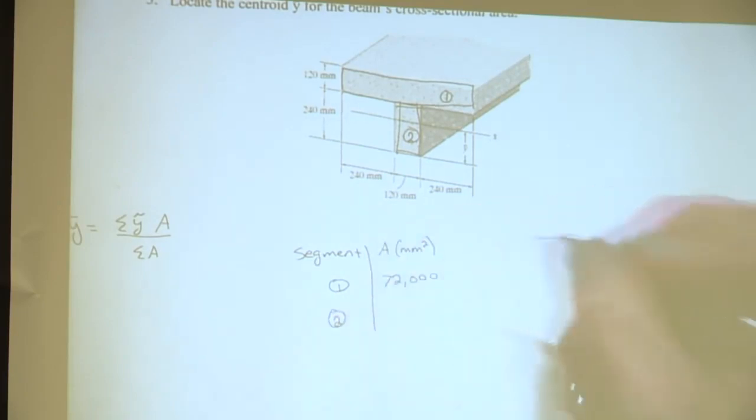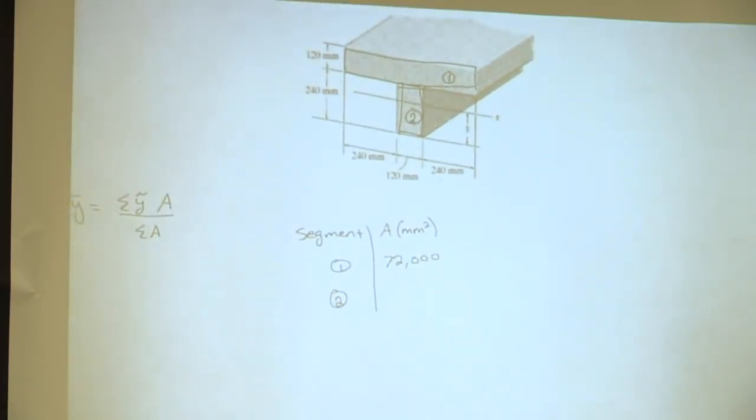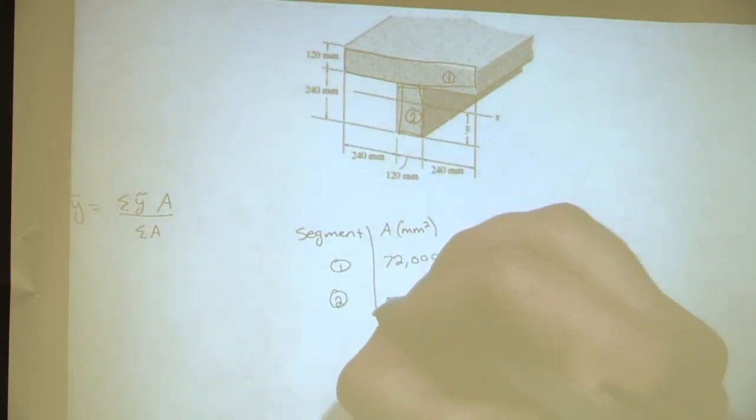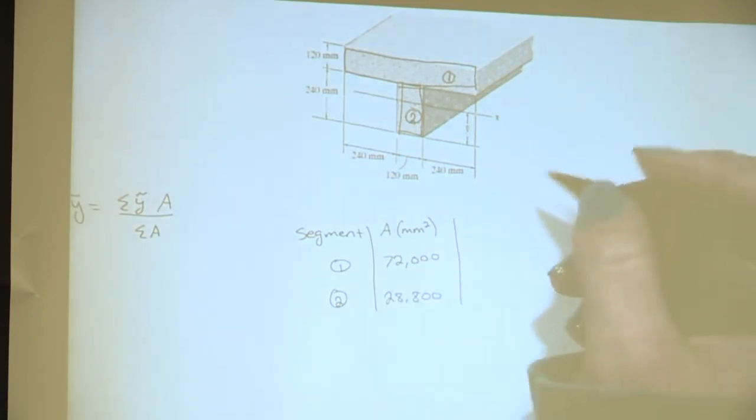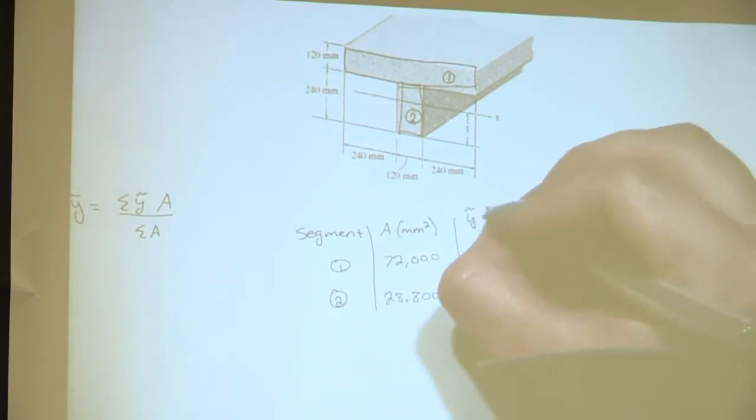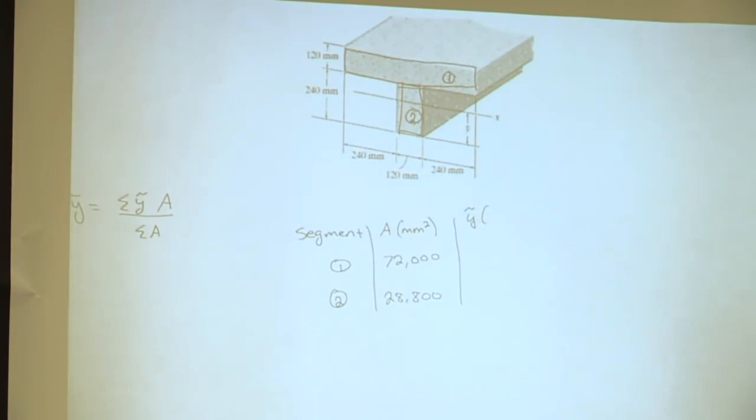Okay, and then for segment 2, what is its area? 240 times 120, so 28,800.